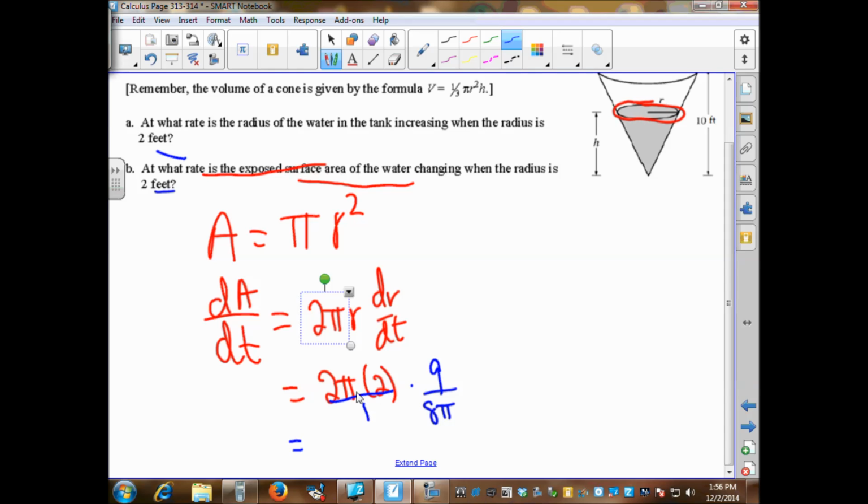This is going to be nice because that 2 pi will cancel, 2 going into 8 4 times. That 2 will go into itself once, 4 times 2. So the answer is going to be 9 halves. And then area, since the radius was feet, area will be square feet, time will be minutes.